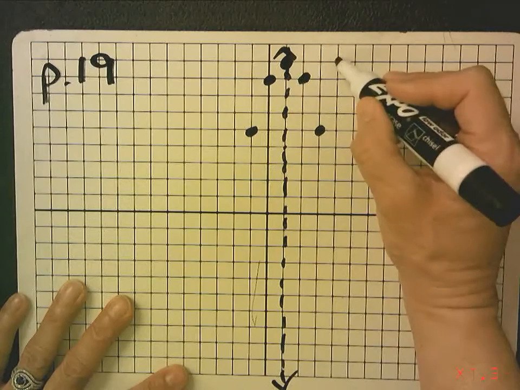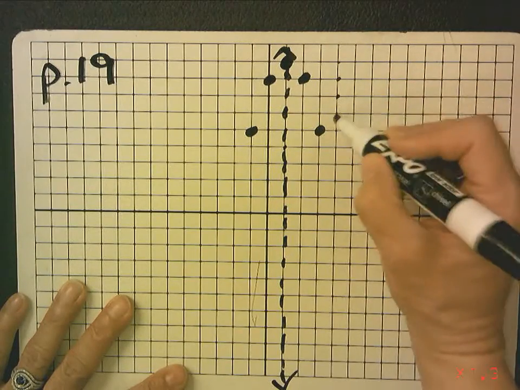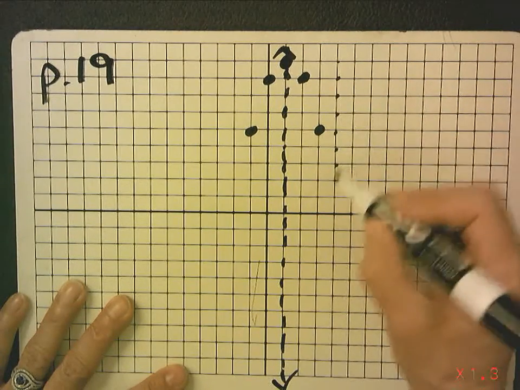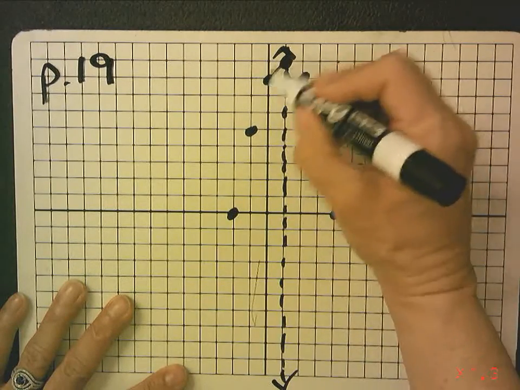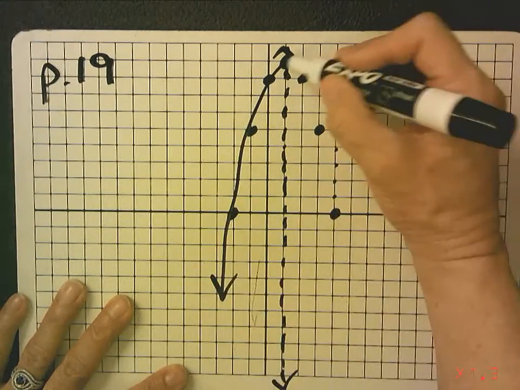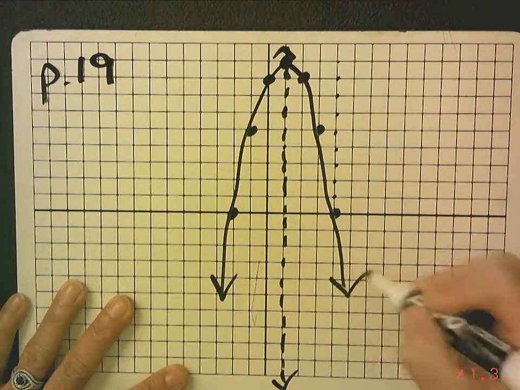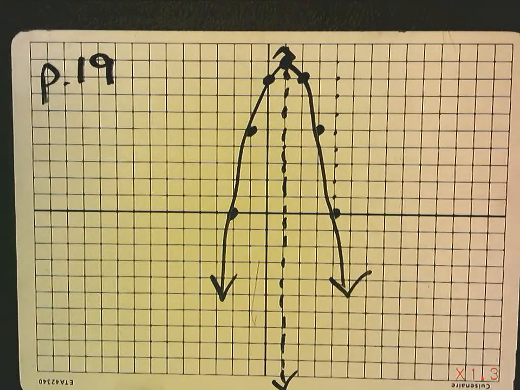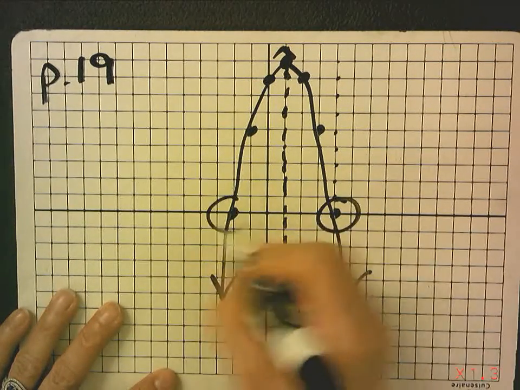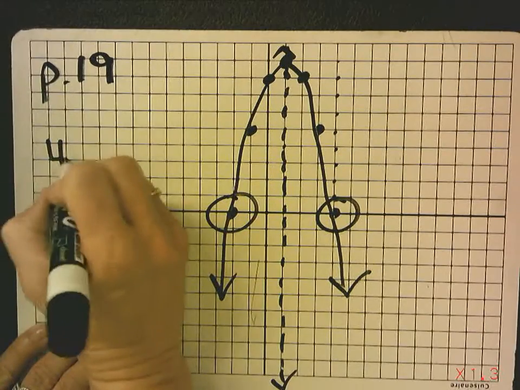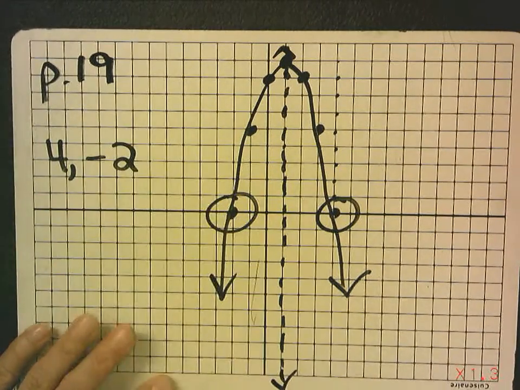And over 3, down 1, 2, 3, 4, 5, 6, 7, 8, 9. So when I graph this, it looks like this. Now, here we see that the x-intercepts are 4 and negative 2.